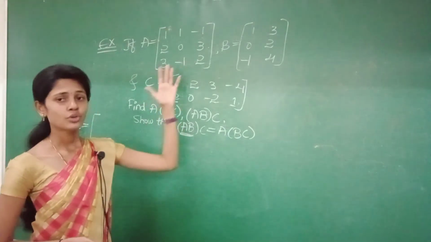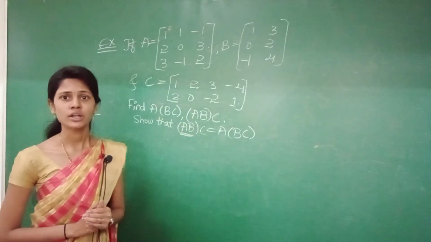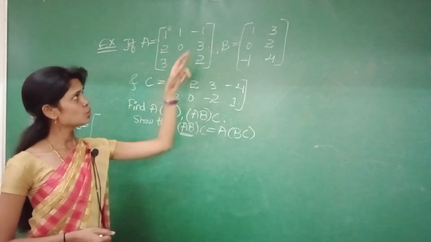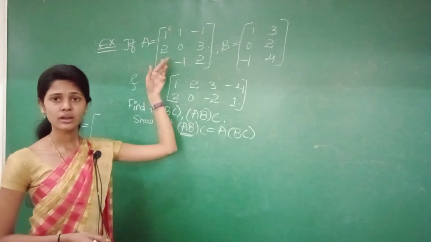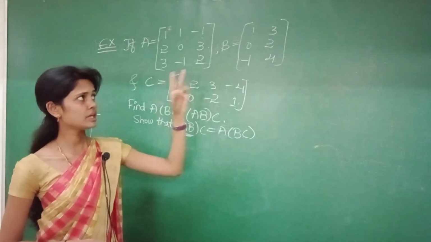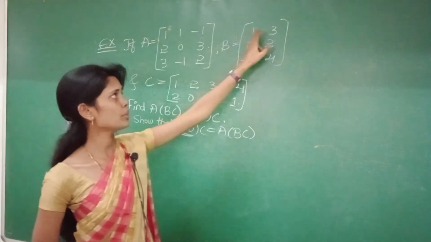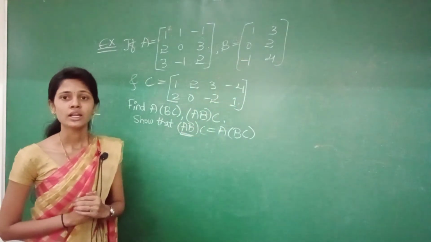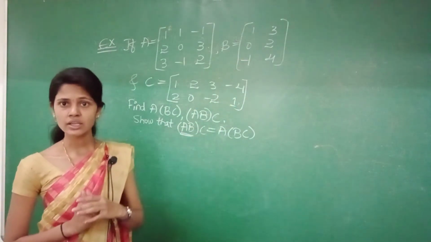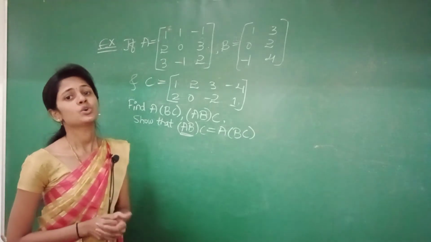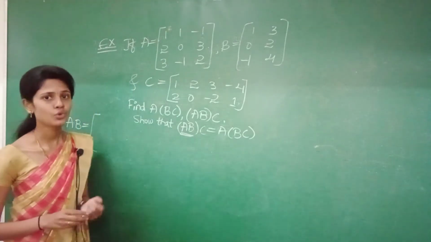In A, 1, 2, 3, three columns are there, and these three columns must be equal to the three rows in B. How many rows do you have in B? 1, 2, 3. So the number of columns in A is equal to the number of rows in B. Then you can go for the multiplication of the two matrices.